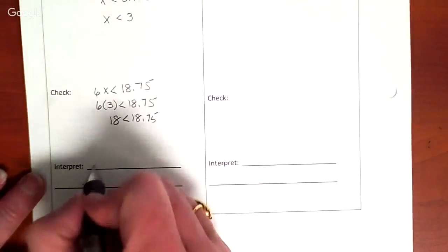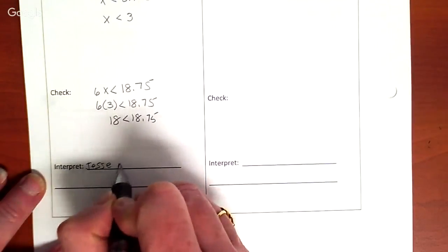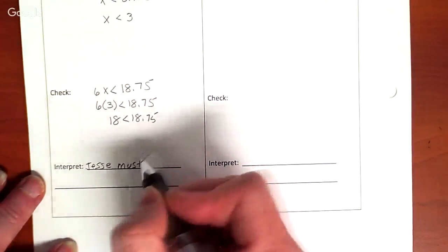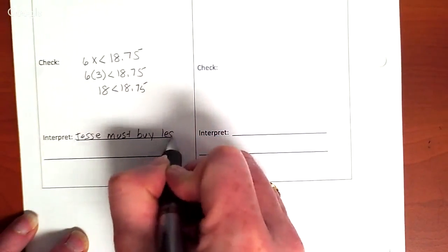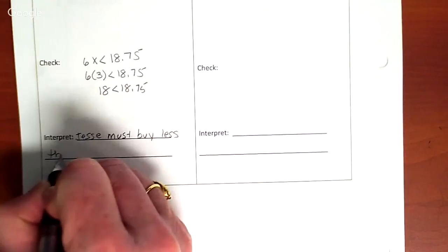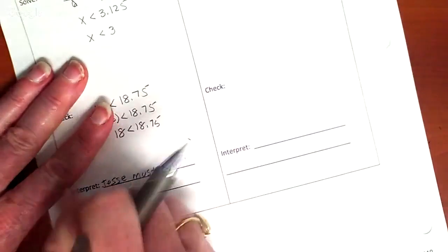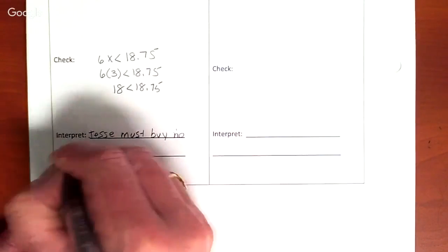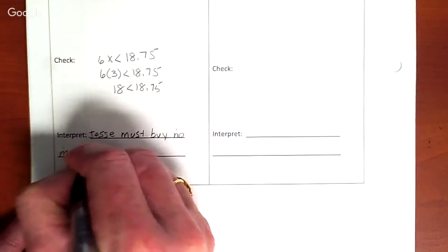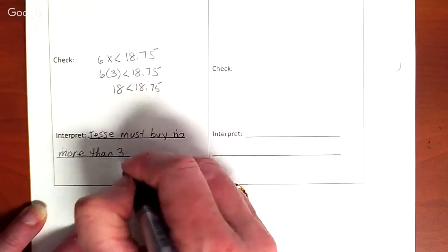So Jesse must buy less than, or no more than, three packs of socks.